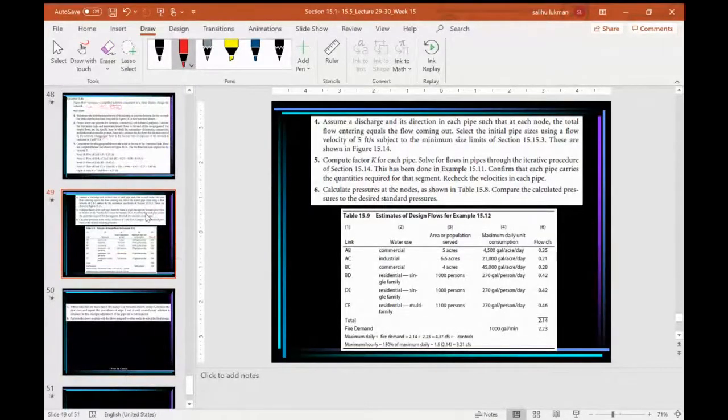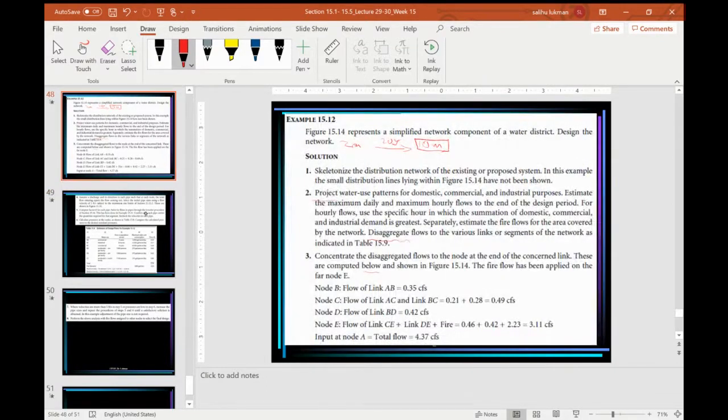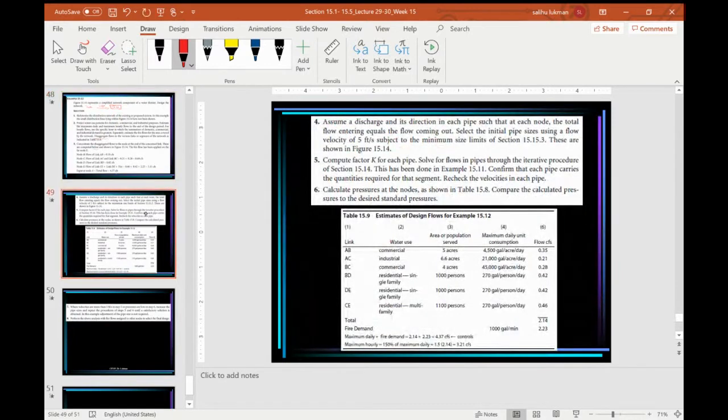So, estimates of design flows for the example. How did we get the design flow for link AB? We assume area or population served 5 acres, and the maximum daily unit consumption 4,500 gallons per acre per day. When you multiply, you get the flow in cubic feet per second.